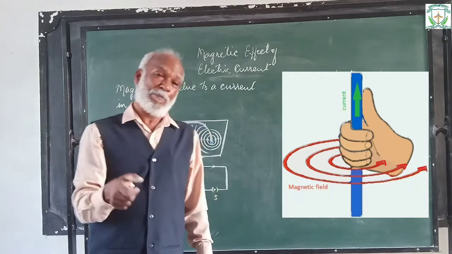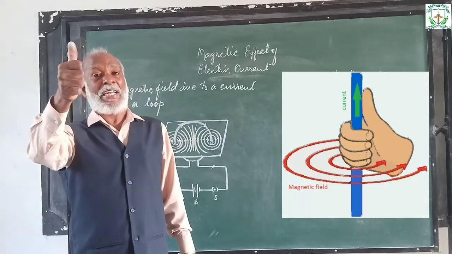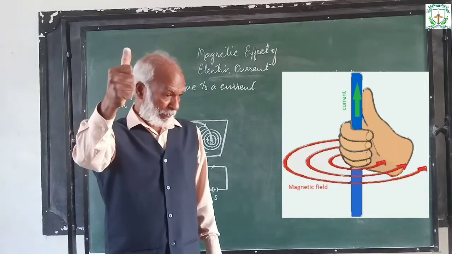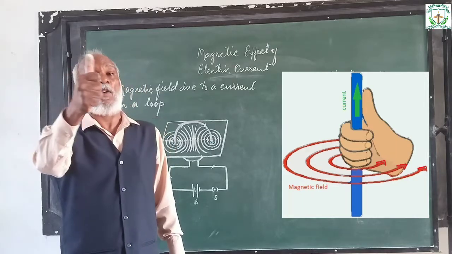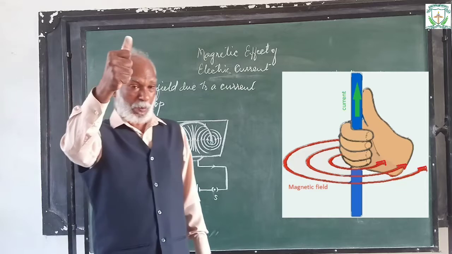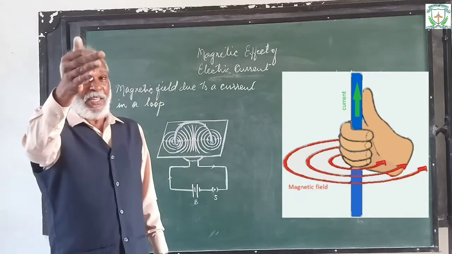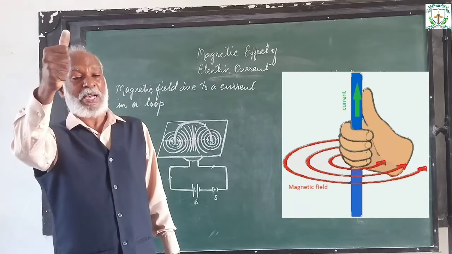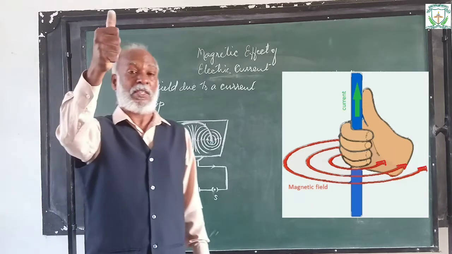I'll repeat. If a current carrying straight conductor is held in your right hand, thumb shows the direction of current in the conductor, then the remaining fingers wrapping the conductor show the direction of magnetic field produced around the conductor.